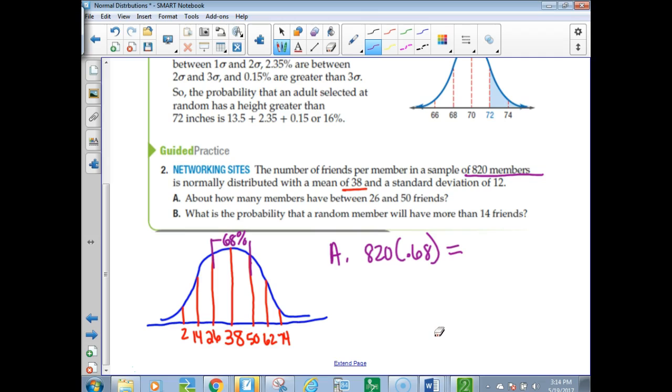Someone do that for me. I've done it before. I could tell you what it should come out to. How many people? 558 people?